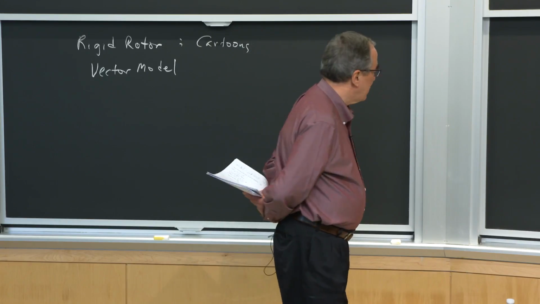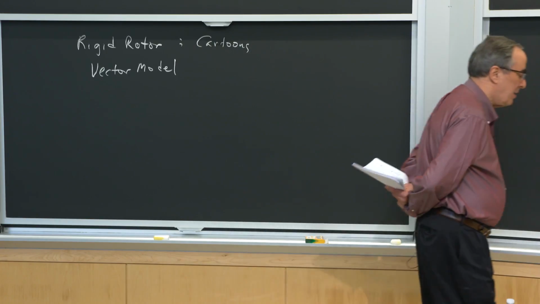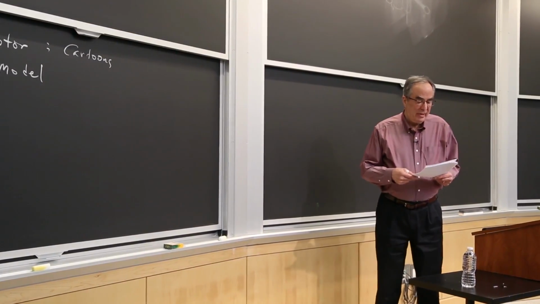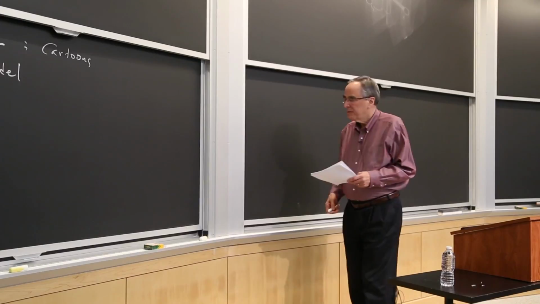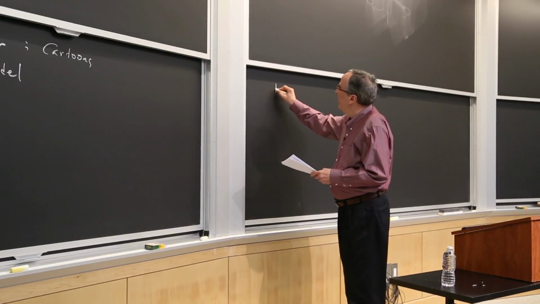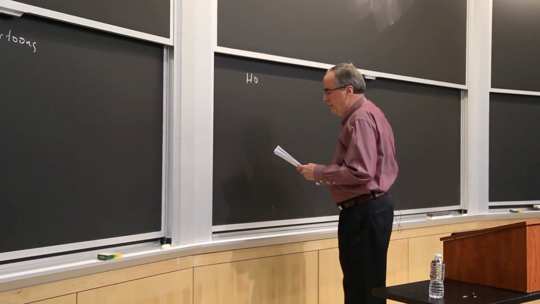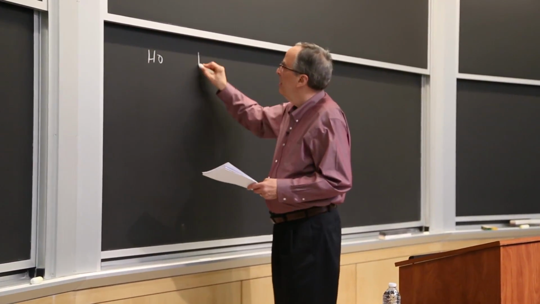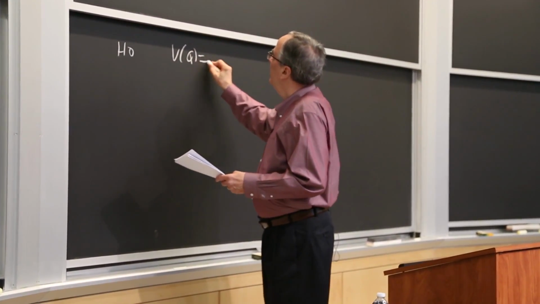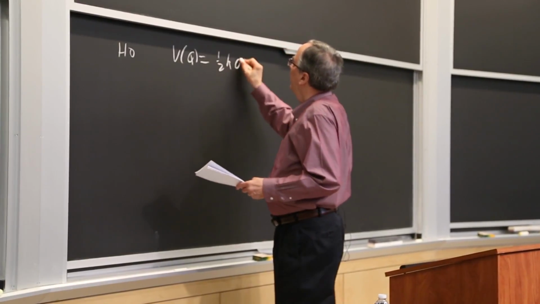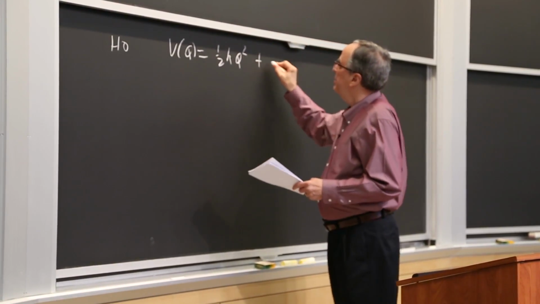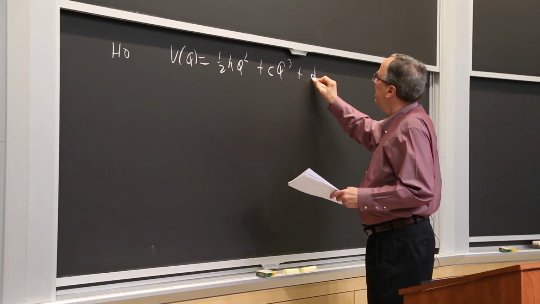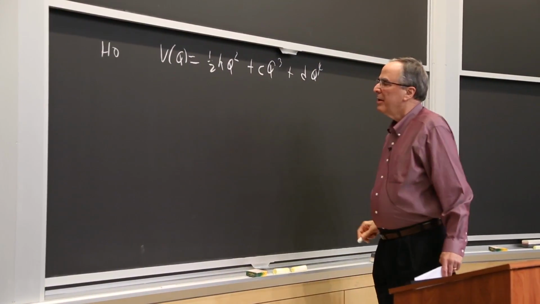So let me just do a quick review, with the exam in mind, of the perturbation theory stuff. We had a harmonic oscillator, and it's perturbed by some anharmonicity terms. So the potential is 1/2 k q squared plus b q cubed plus c q to the fourth.